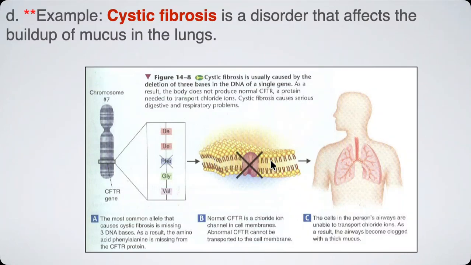Remember, we have phospholipids and you have your protein channels. It codes for an error or a problem with a protein channel. This protein channel is letting chloride ions go in and out, and it's not doing it correctly because it's misshapen. And by doing that, it causes issues with your lungs so that you're building up mucus in your lungs.